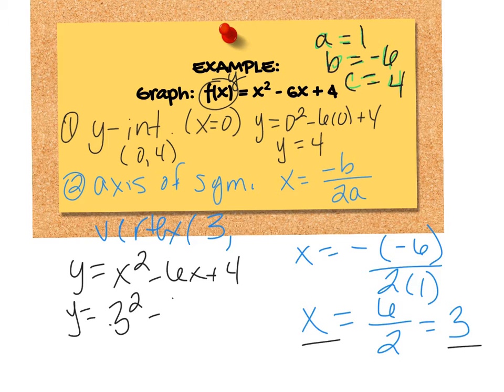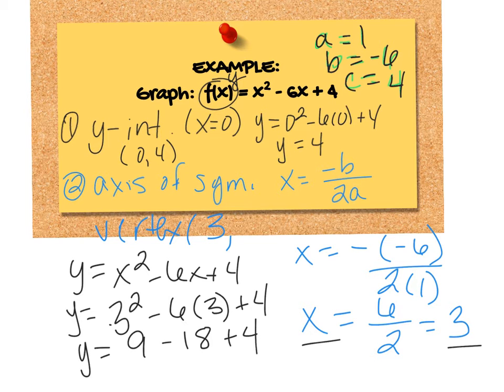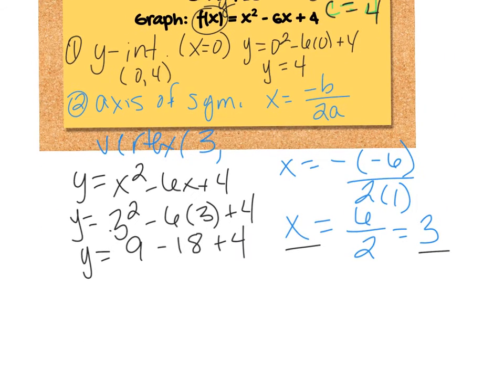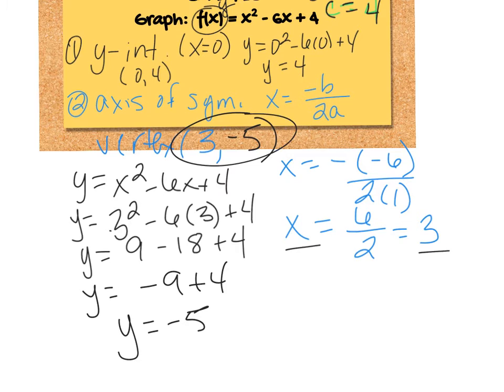So 3 squared minus 6 times 3 plus 4. 3 times 3 is 9, negative 6 times 3 is negative 18, plus 4. And 9 minus 18 is negative 9. Negative 9 plus 4 is negative 5. So that's the y-coordinate of my vertex. So I'm going to plot that point on my graph: 3, negative 5.